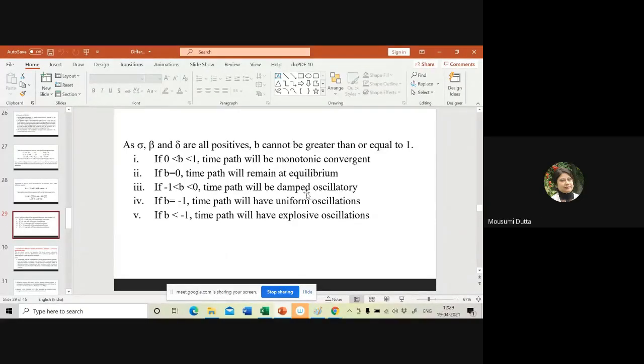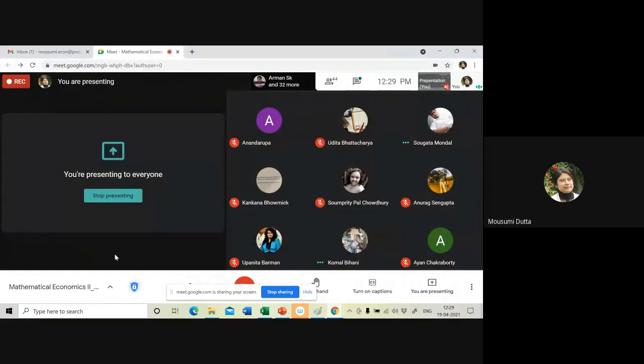Okay. So, having some idea about the applications of the first order difference equation, in the next step, we will move to an application of second order difference equation, higher order difference equation. The application of the second order difference equation is based on a macro framework.